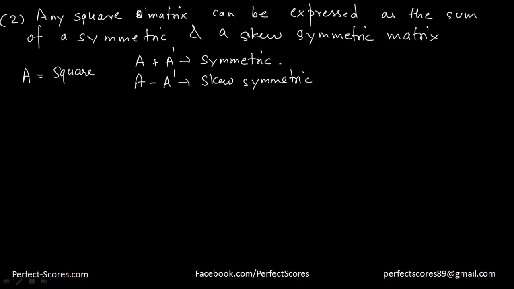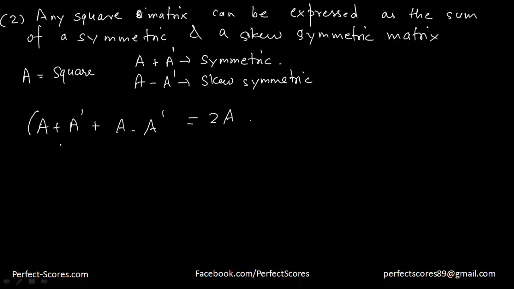Now if I find the sum of A plus A transpose plus A minus A transpose, this and this will get cancelled out. We're going to get 2 times A.